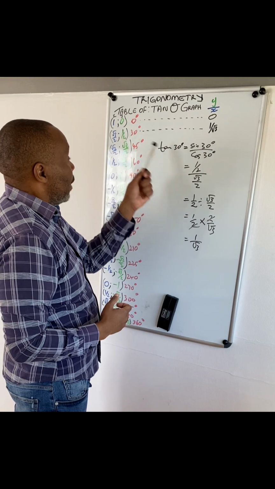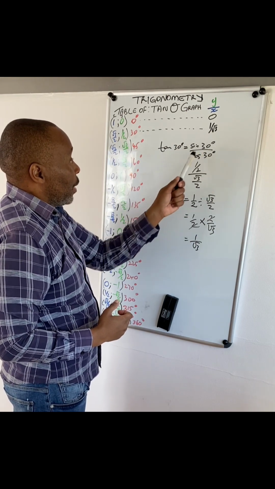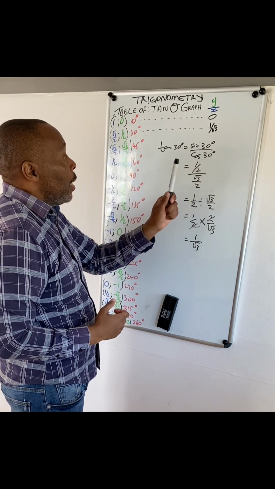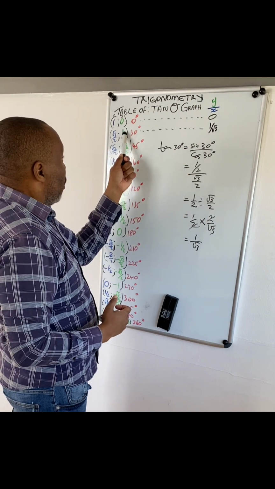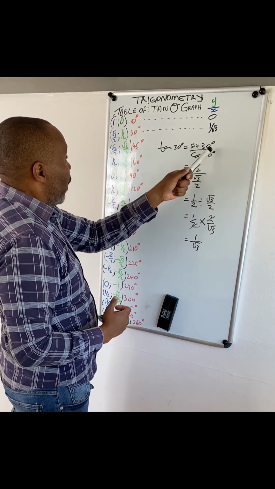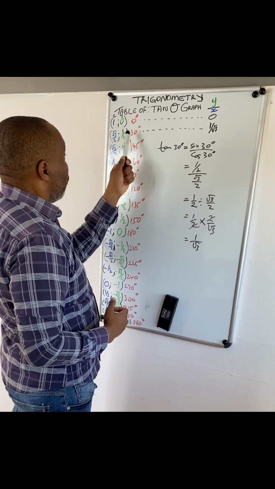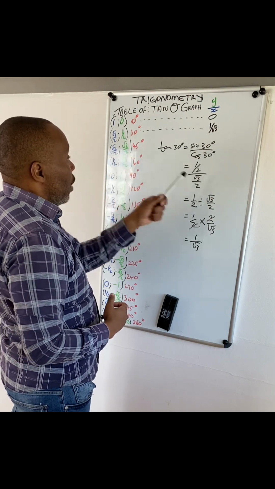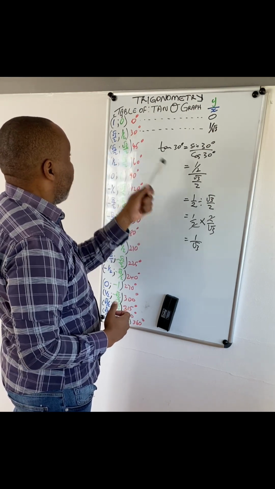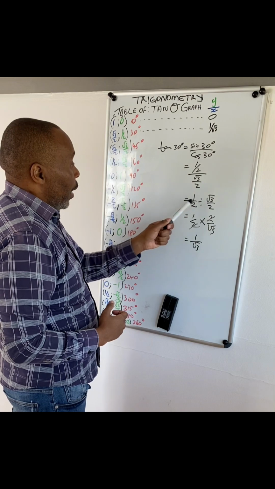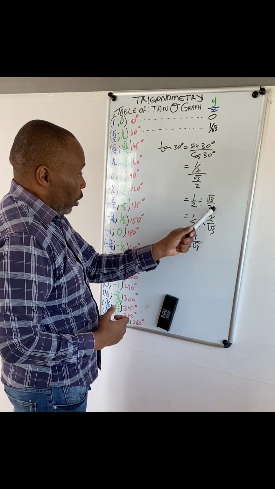Tan 30 degrees is equal to sine 30 degrees over the cos of 30 degrees, which is half. Sine 30 is the y value. At 30 degrees we take the y value, which is half, and for cos of 30 we take the x value, which is root 3 over 2, and then half divided by root 3 over 2.